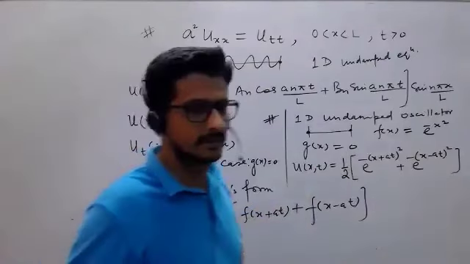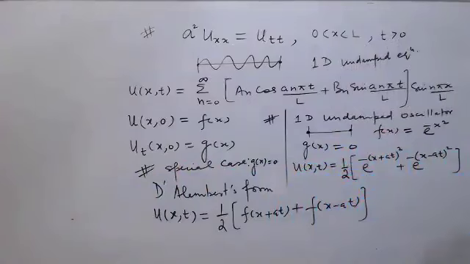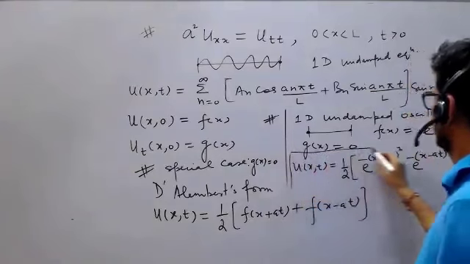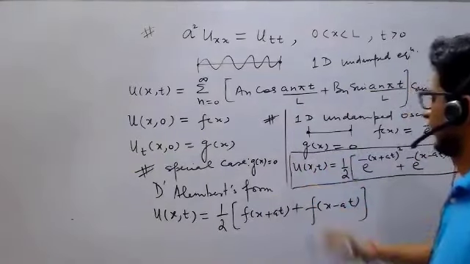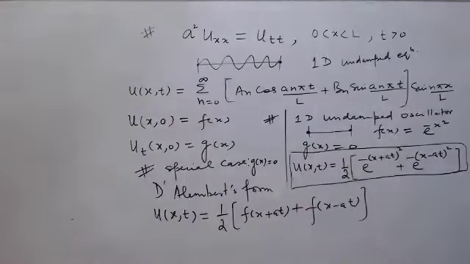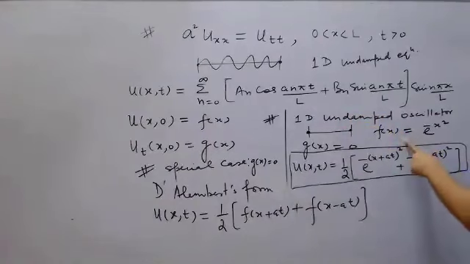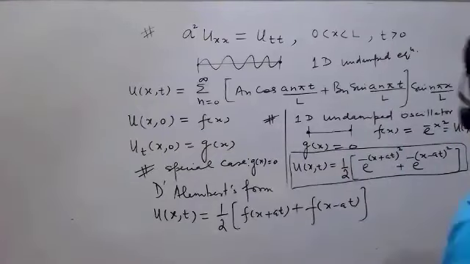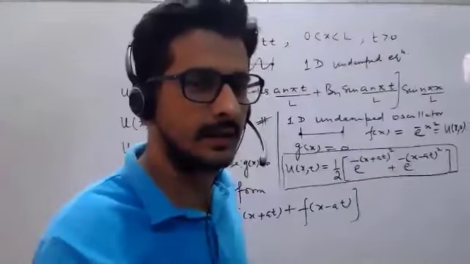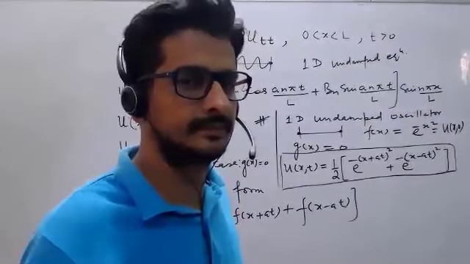So this is the solution of this case when the initial condition was given. f of x means what was given? u of x comma 0 was given. f of x means u of x comma 0 was given. Correct?